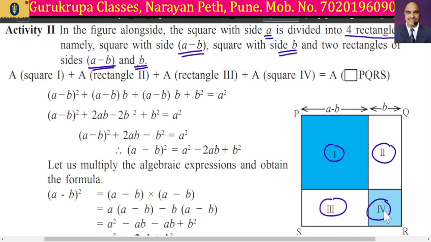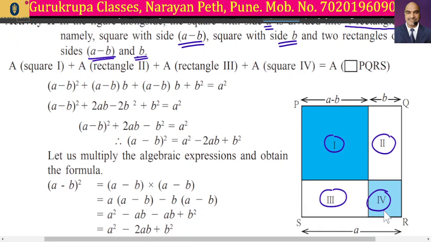Now if you observe, for the area of this PQRS, we have to take the sum of areas of all rectangles. We have to find the area of them and then add them up.